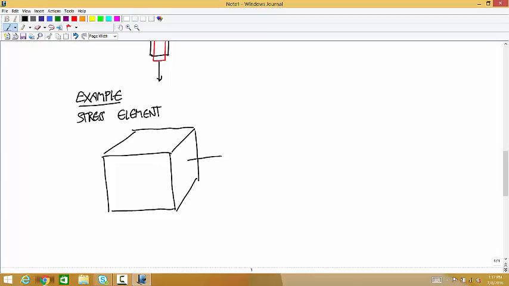Let's say that we have an axial tension in the x direction of 5 times 10 to the 7th pascals. And then the xy shear stress is 1 times 10 to the 7th pascals. And the xz shear stress is in the negative direction with a value of 2 times 10 to the 7.